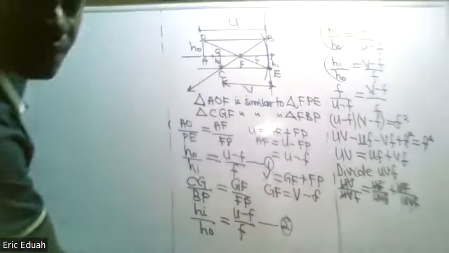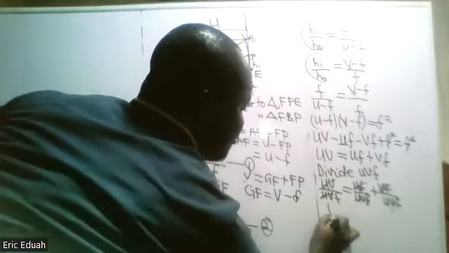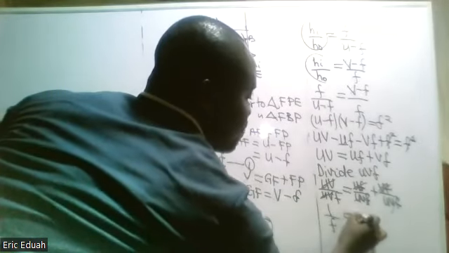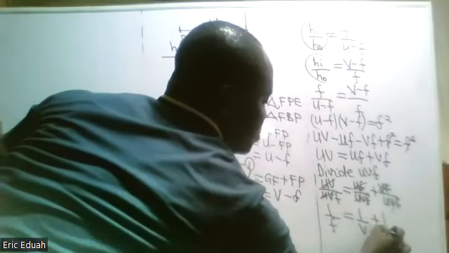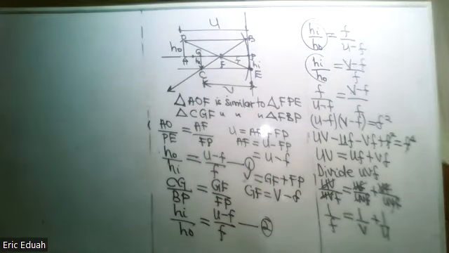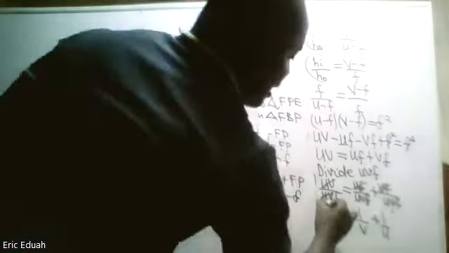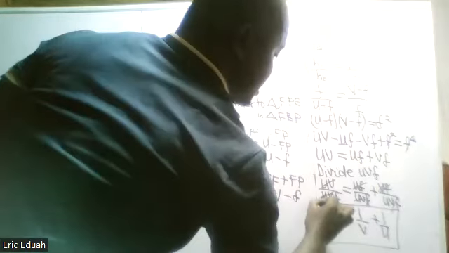So we have the mirror equation now: 1 on F equal to 1 on V plus 1 on U. And this is our mirror equation.